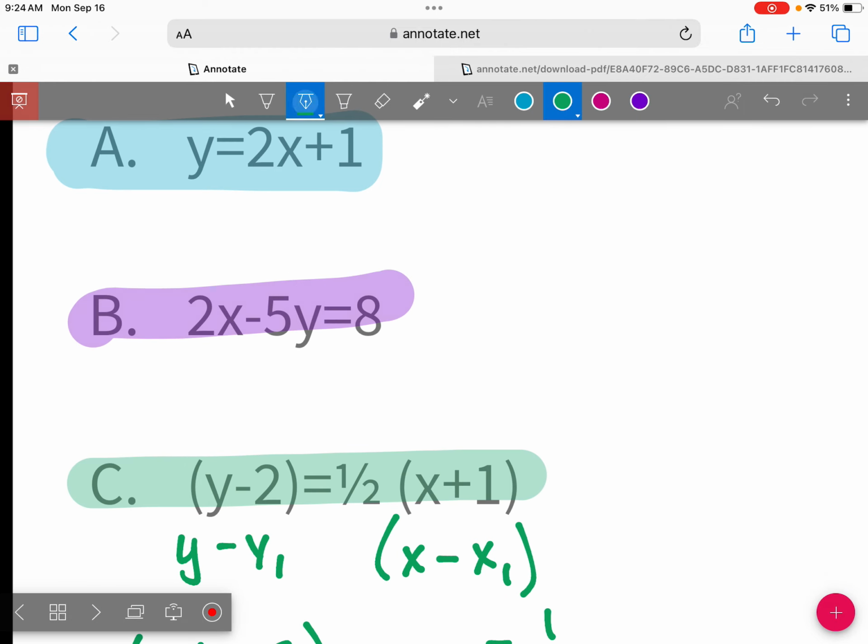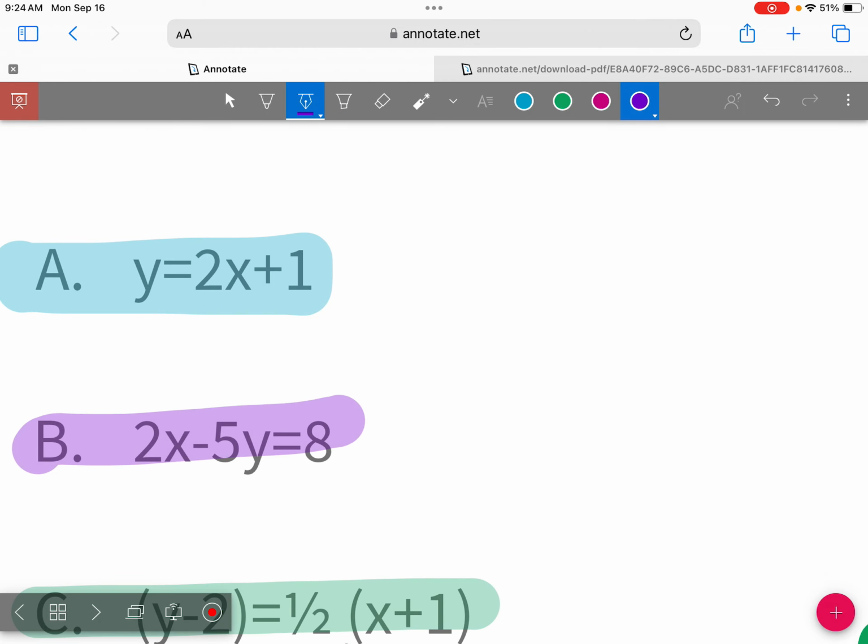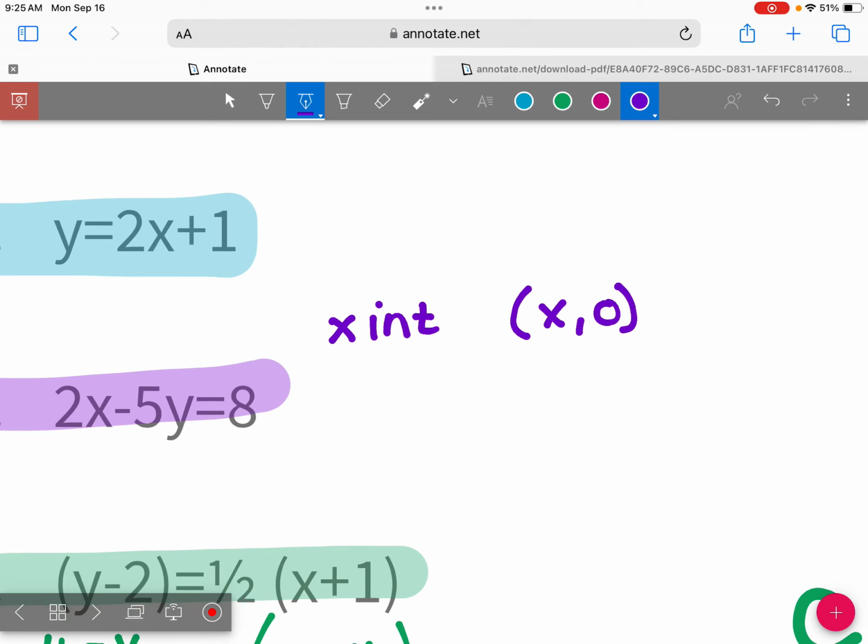So to find our X and Y intercepts, we know our X intercepts come in the form X comma 0, so I know my Y has to equal 0. If we substitute in 0 for Y, 2x minus 5 times 0, we have 2x equals 8.